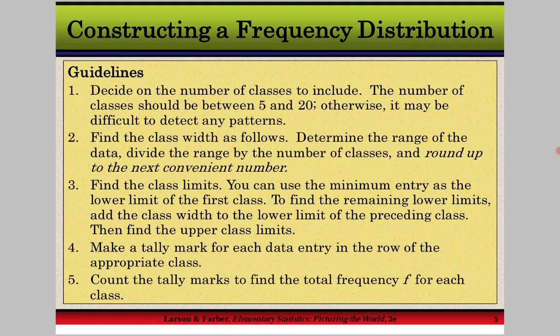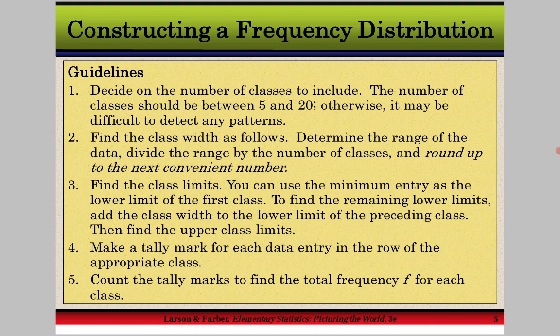Range means the maximum value of the data minus the minimum value of the data, divided by the number of class intervals taken. That value should be rounded up to the nearest integer. That gives the class width.